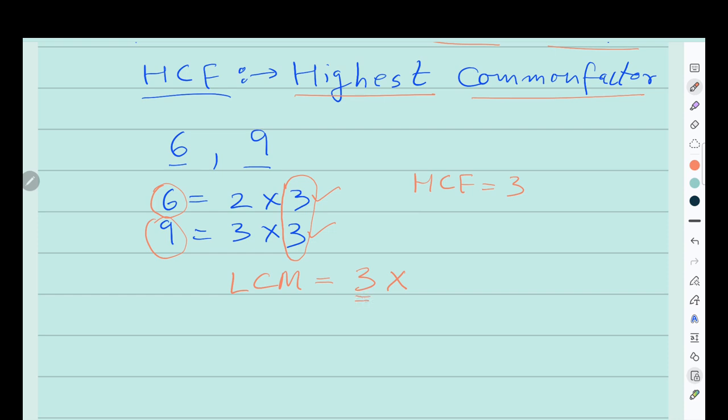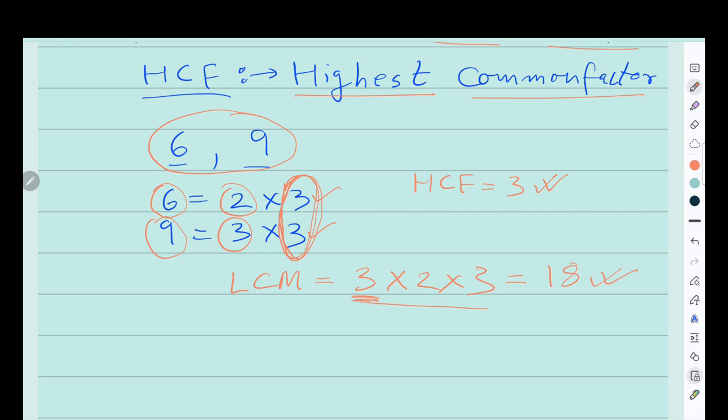So this is 3 taken just once, and then take all other numbers, 2, and then this other 3. We took the common factor only once, and if you multiply these three numbers, you get 18. So 18 is the LCM and 3 is the HCF for these two numbers.